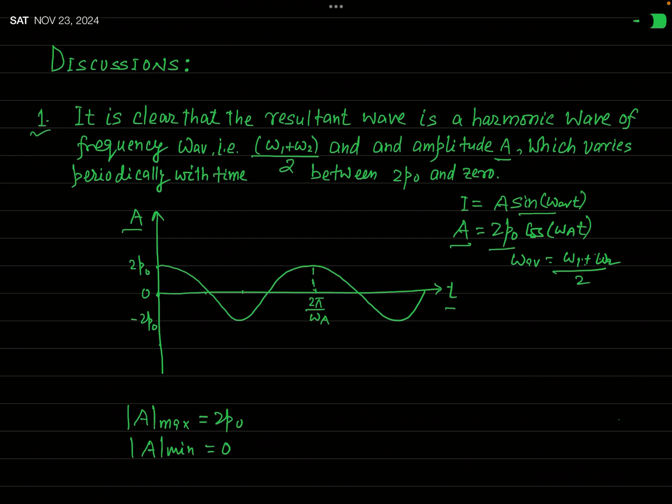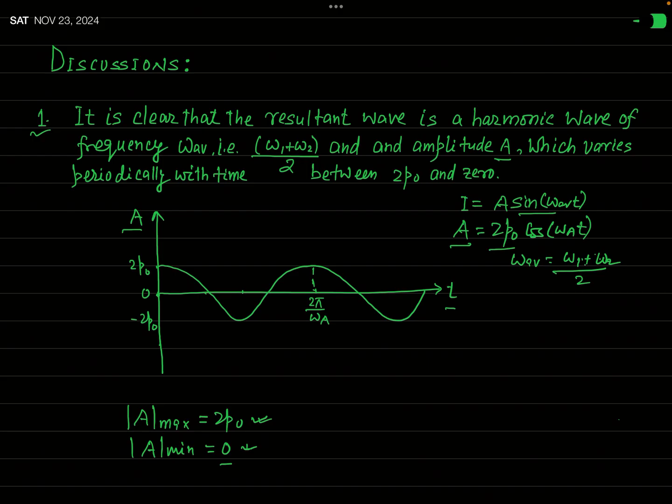So from here you can see that the modulus of the maximum value of amplitude is 2p naught, and the modulus of the minimum value of amplitude is 0. So the amplitude varies in a periodic manner. Its maximum value is 2p naught and its minimum value is 0. When you take the amplitudes of the two waves equal, then the minimum amplitude is 0.